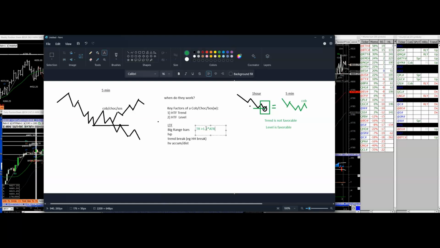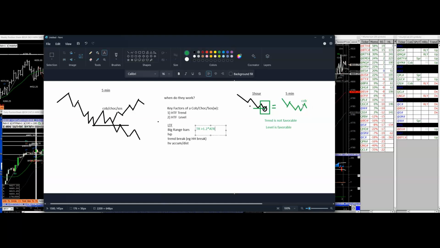You can use ATR 14, you can use ATR 20, I don't care, even ATR 50 is fine. Just use normal ATR, but it has to be bigger than the average. Big range bars within there, and it has to have multiple of them. Then you know that the buying is aggressive.